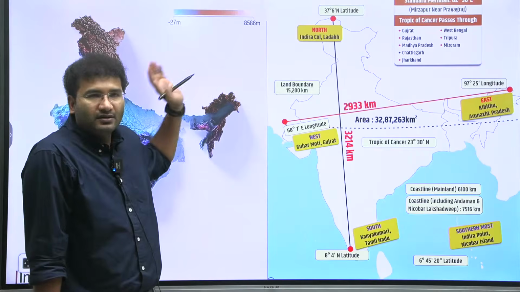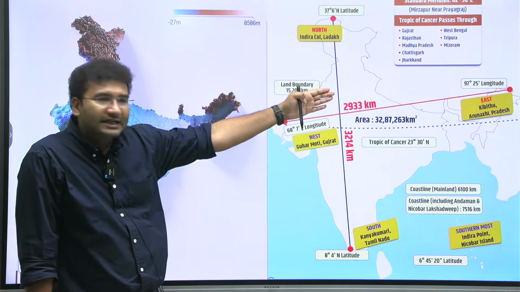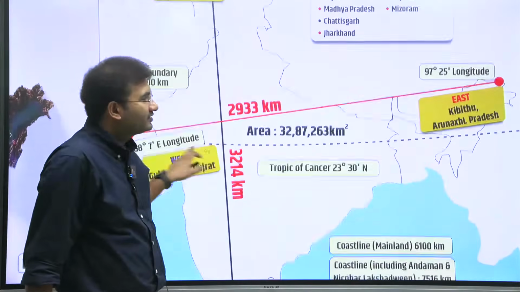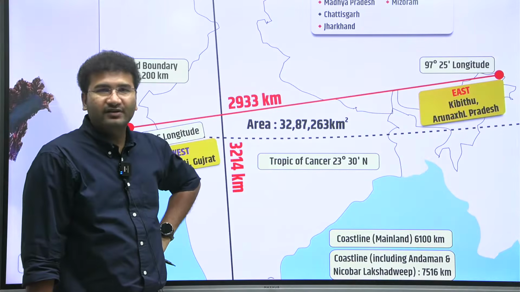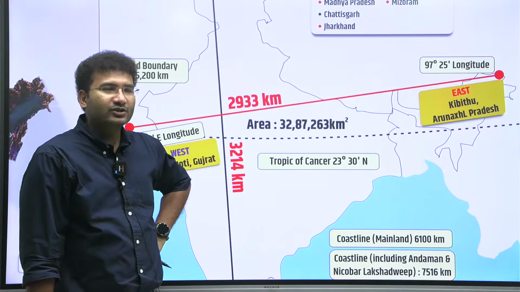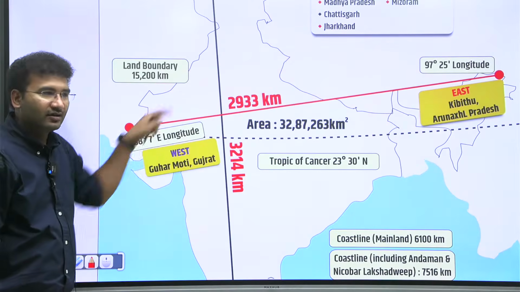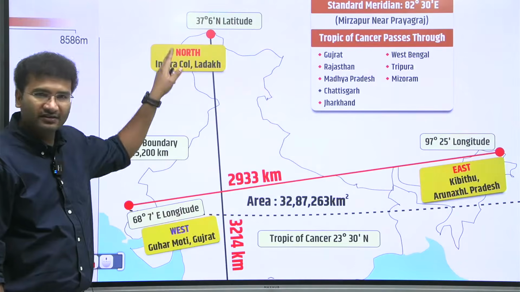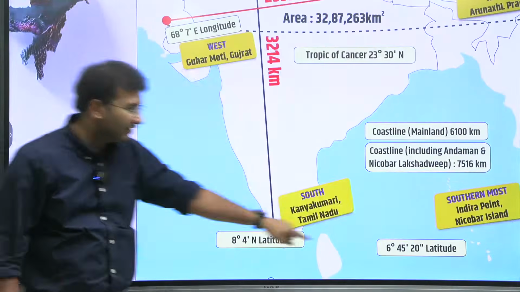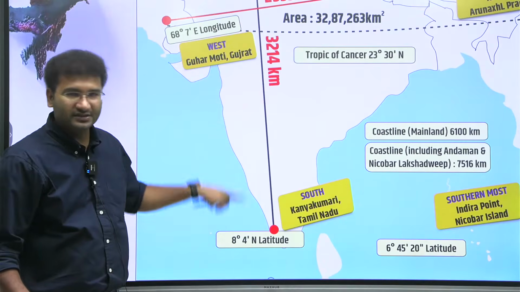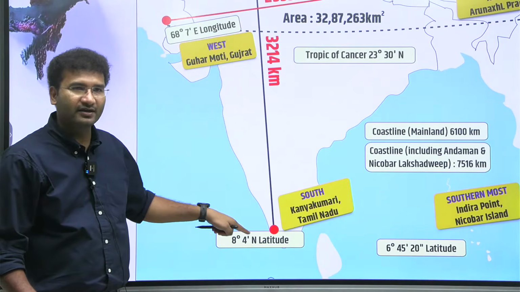The easternmost point of India is Kibithu, 97 degrees 25 minutes. The westernmost point of India is called Guhar Moti in Gujarat. The northernmost point of India is Indira Col, and the southernmost point of India is Indira Point. And the mainland of India is Kanyakumari, in Tamil Nadu.